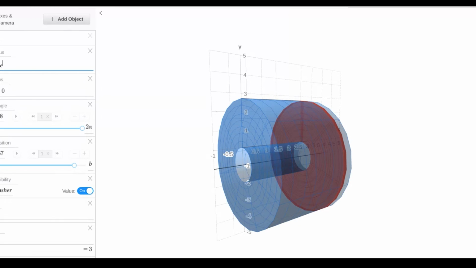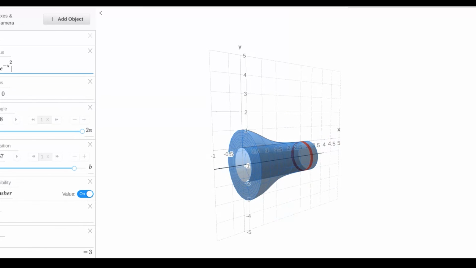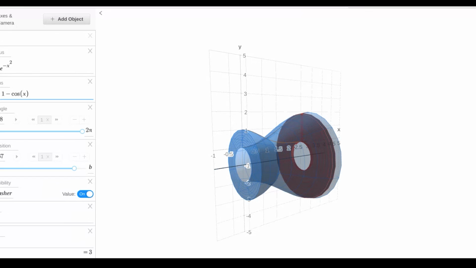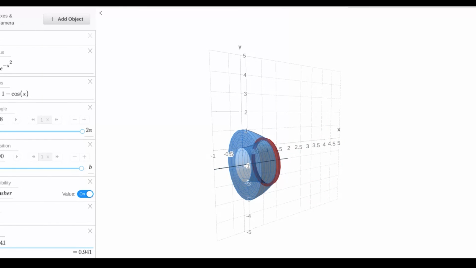So we've got e to the negative x squared as the outer radius, the inner radius being 1 minus cosine x, and we're going from 0 to 0.941. Okay.